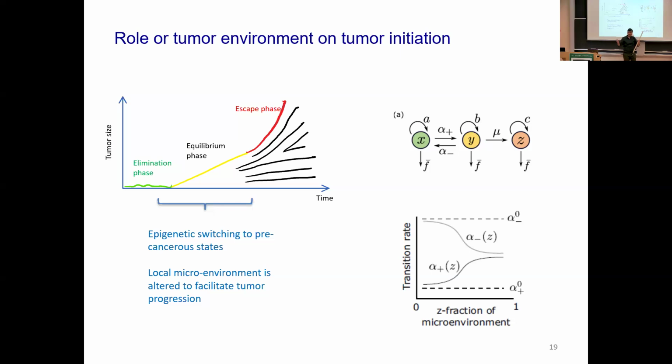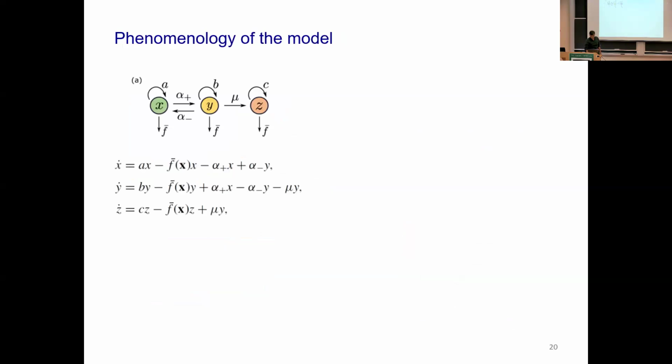Basically, as the tumor grows, it's recruiting more. Does that make sense? It's a positive feedback with epigenetics. This is just saying how the rates are changing as Z changes. Z is a fraction between 0 and 1, and as Z increases, my forward rate goes up and my backward rate falls down. Good? You can parameterize it in many ways.